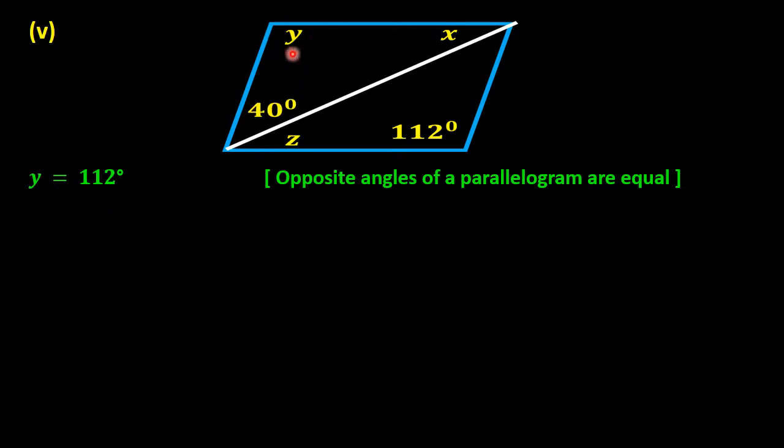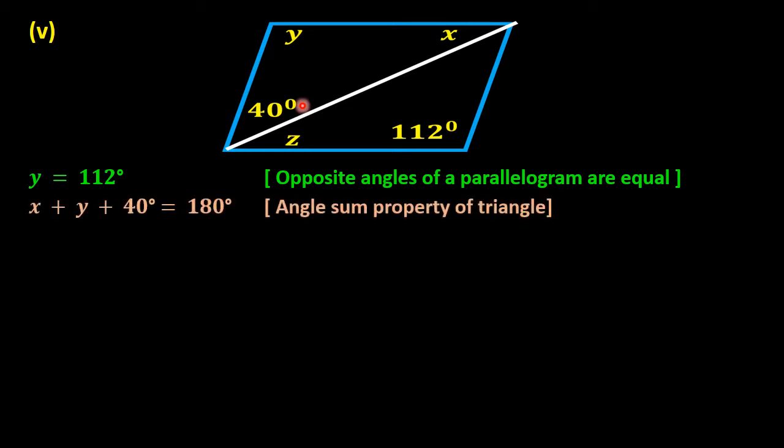After getting the value for y, in order to get the value for x, we use the angle sum property of a triangle, because this is a triangle in which there are three angles x, y, and 40 degree. When we add the three angles of a triangle, it equals 180 degree. The value for y that we have already obtained is 112 degree.